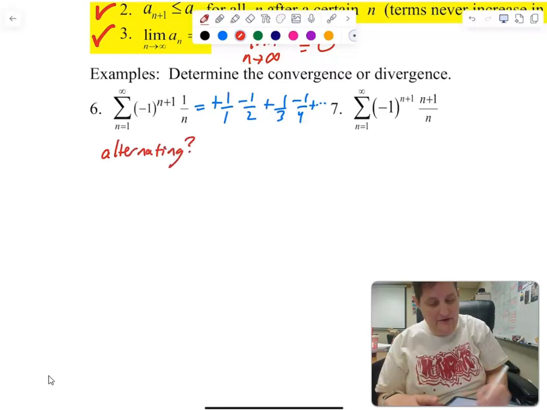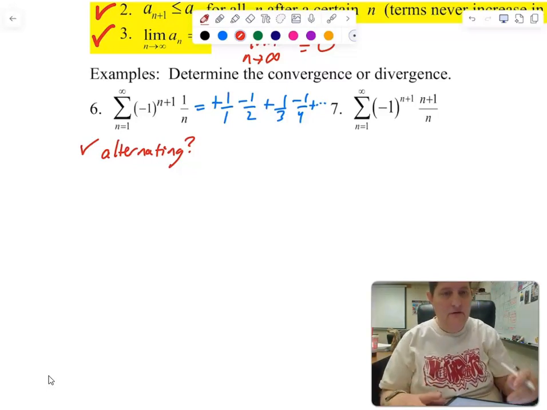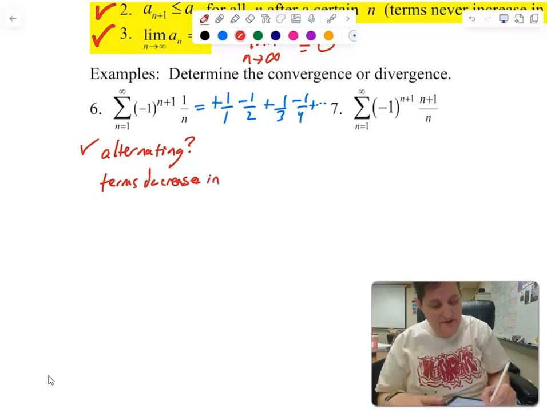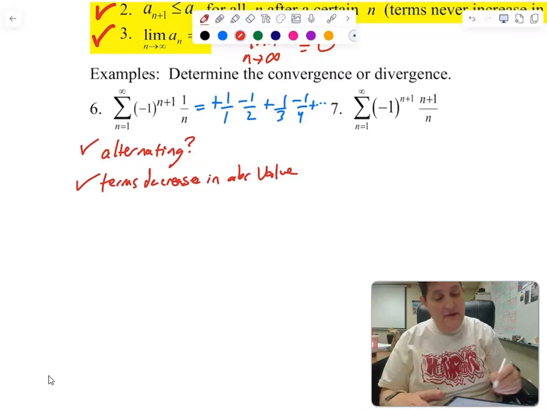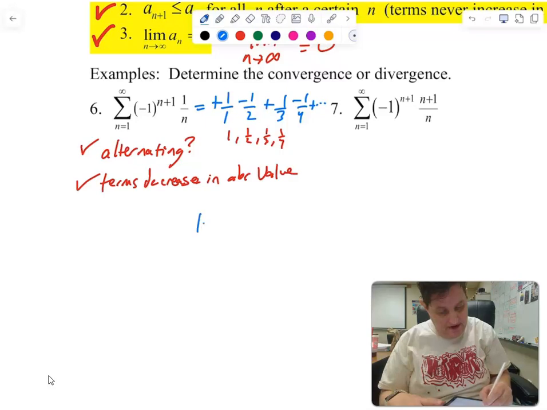Is it alternating? Check, yes. Do the terms decrease in absolute value? Yes. Meaning, without the negatives and positives, do 1, 1/2, 1/3, 1/4 get smaller and smaller? Yes.